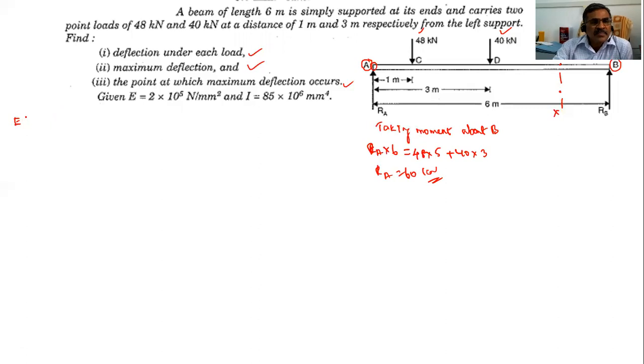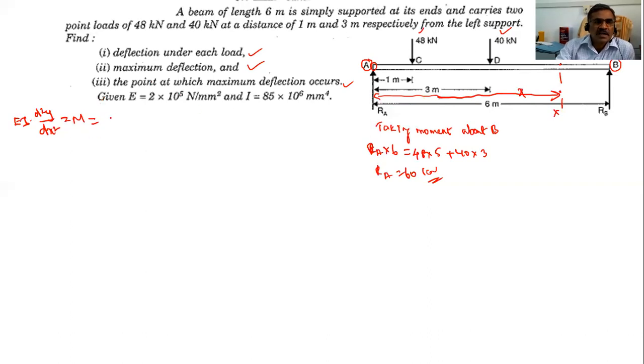First you write the differential equation for deflection: EI d square y by dx square is equal to M. So now what is M? M is equal to RA, which is 60, into x, where I am taking this distance as x. So it is 60 into x.